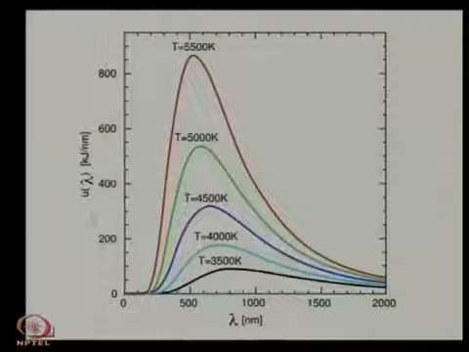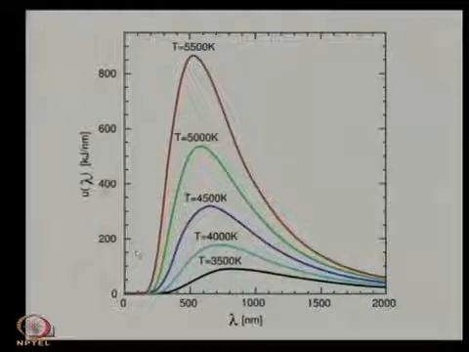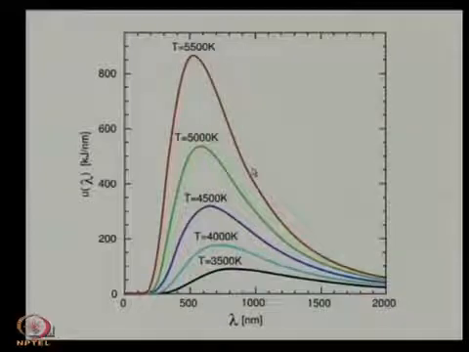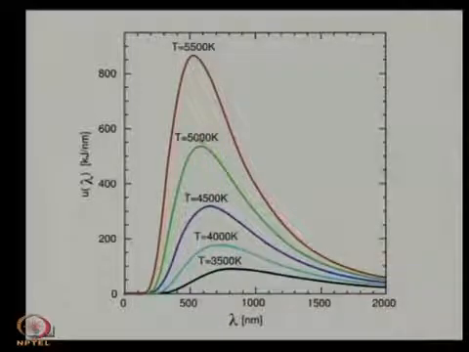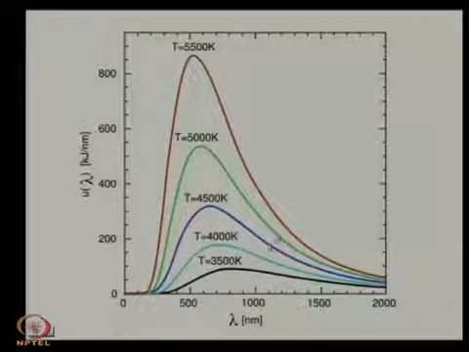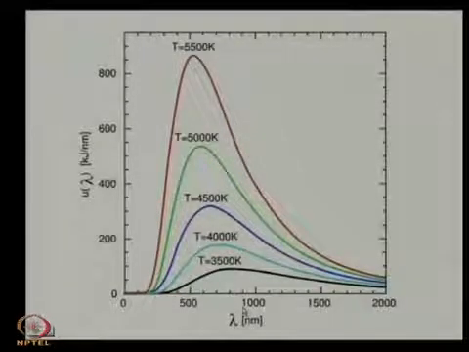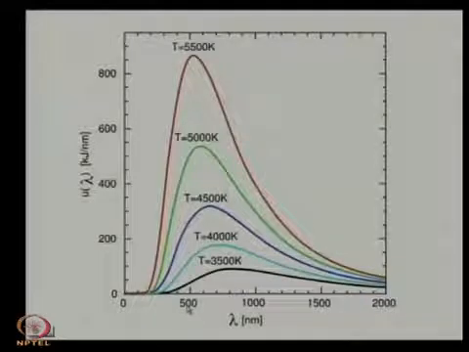This picture shows you B lambda. Forget about the scale over here; this shows you the behavior of B lambda. Here again you have a maxima, and as you increase the temperature, the maxima shifts to a smaller wavelength.